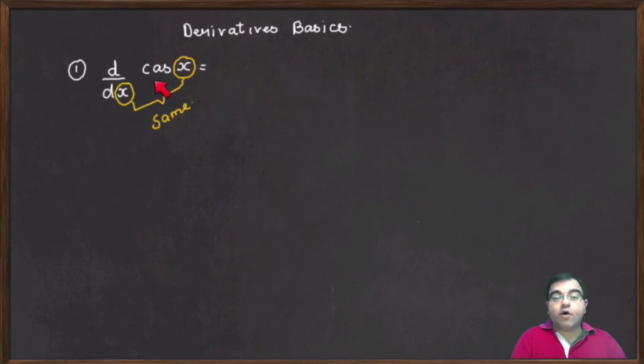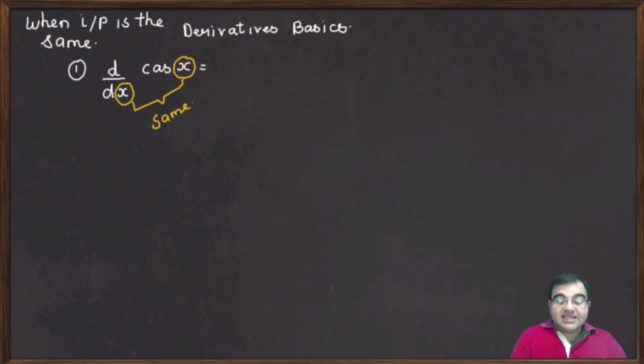So derivative of cos of input is minus sine of input. I'm going to say derivative of cos of input is equal to minus sine of input. Now it is not necessary that the input is x.